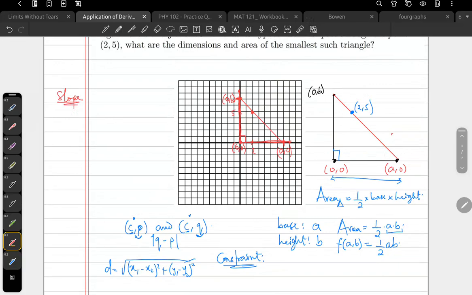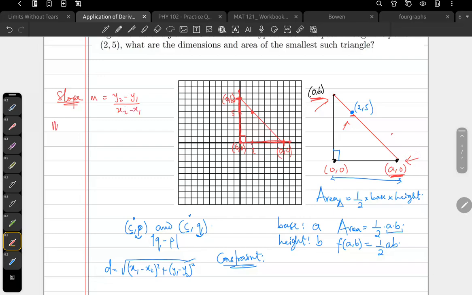Since the points 2, 5, 0, b and a, 0 are on the same line, the slope of the line joining 0, b and a, 0 will be the same as the slope between 2, 5 and a, 0, because the three of them are on the same line. So what is the formula for slope? We remember that slope m is equal to y2 minus y1 over x2 minus x1.